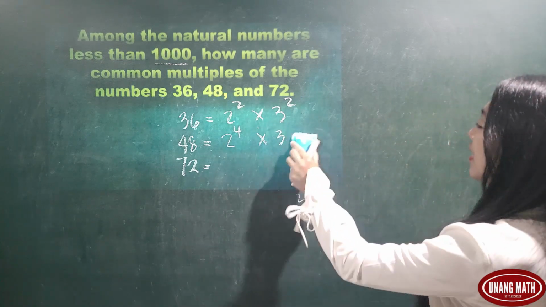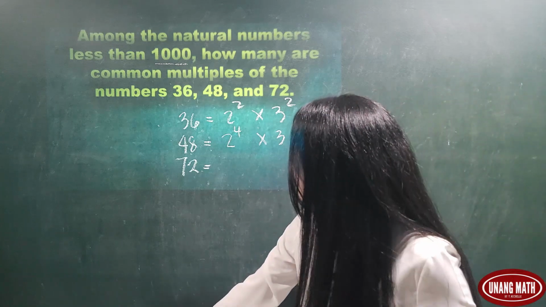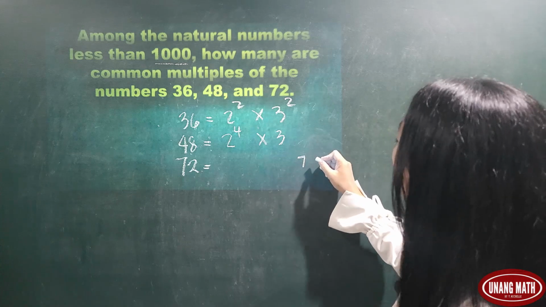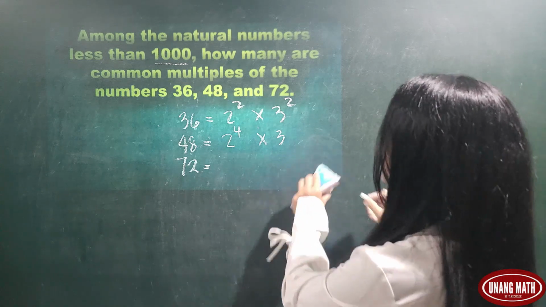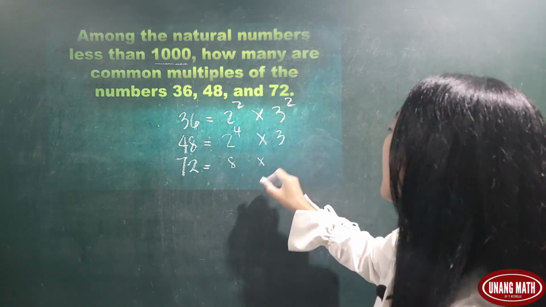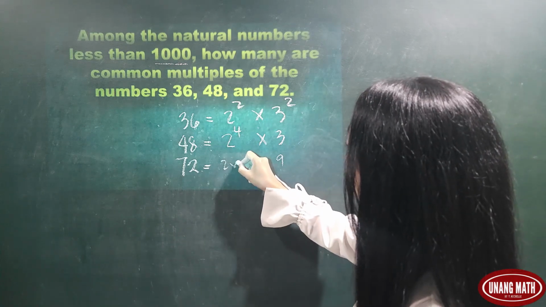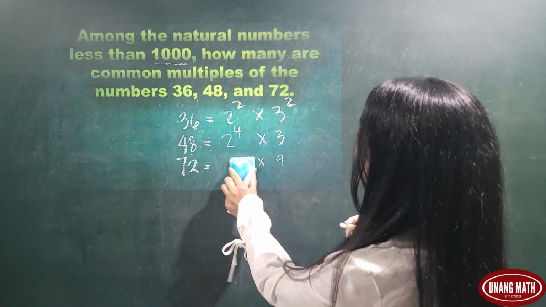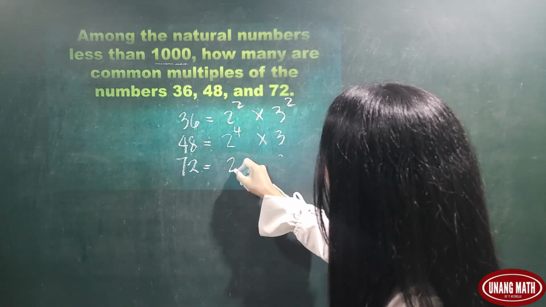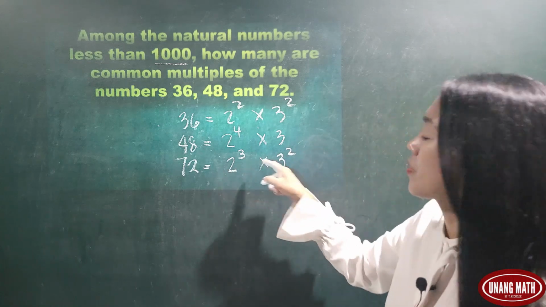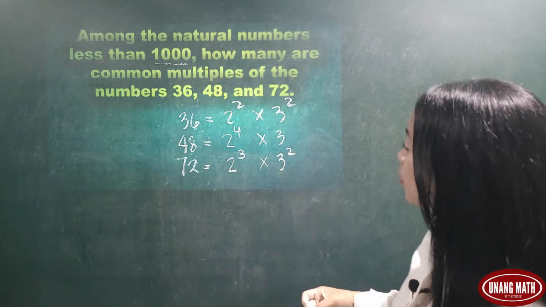Okay, now let's get 72's prime factorization. 72 is 8 times 9, and 8 is 2 times 4, and 4 is 2 squared. So this is 2 raised to the power of 3 times 3 squared. So that's the prime factorization of 72.